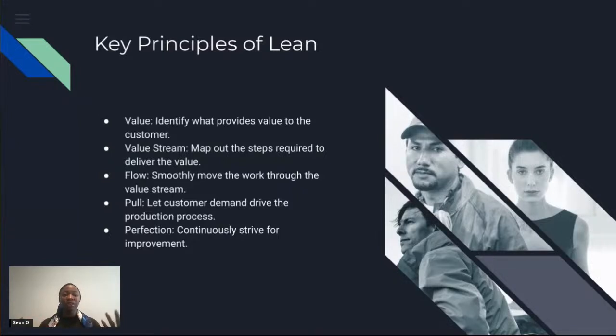So flow is for you to be able to smoothly move the work through the value stream. An example of flow is basically in software engineering, where you have an engineer, a tester, the product management team, and then you have DevOps. Once the engineer is done with a piece of work, he's pushing it to the tester.